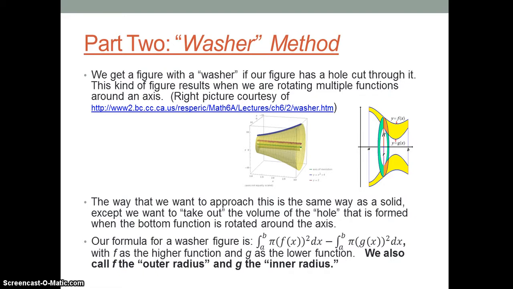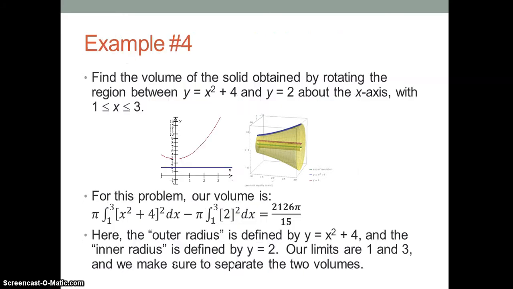It's important that you separate your two functions and not combine it into one function and then square it. Keep them separate. We call f the outer radius because it forms the outer radius of our shape, and g is the inner radius. That's the volume that we're going to take out, the volume that's formed by the inner radius or the function g of x.